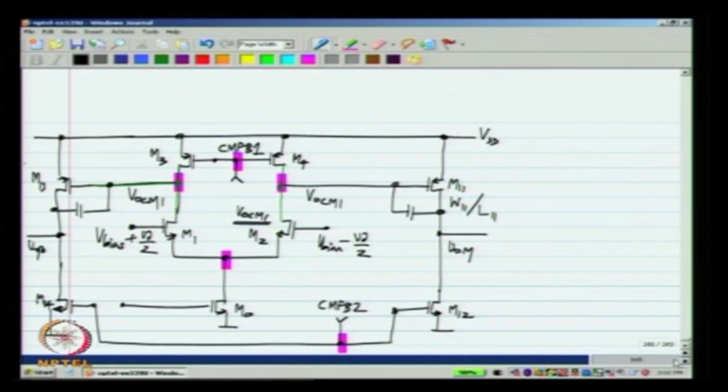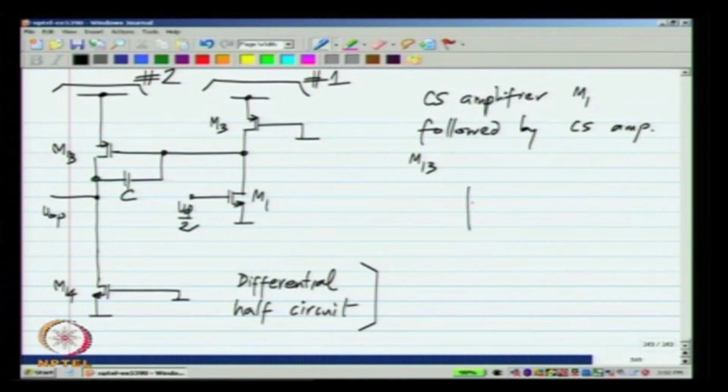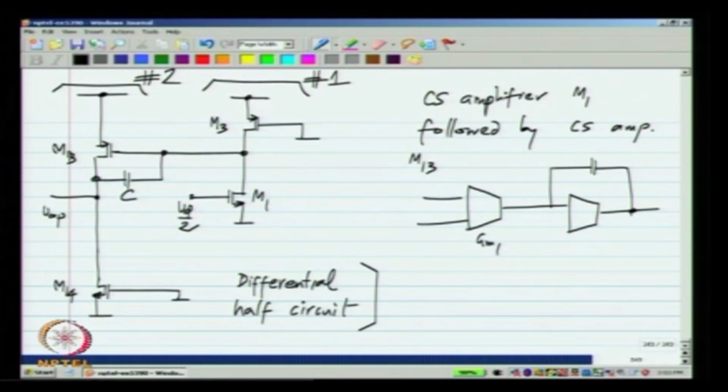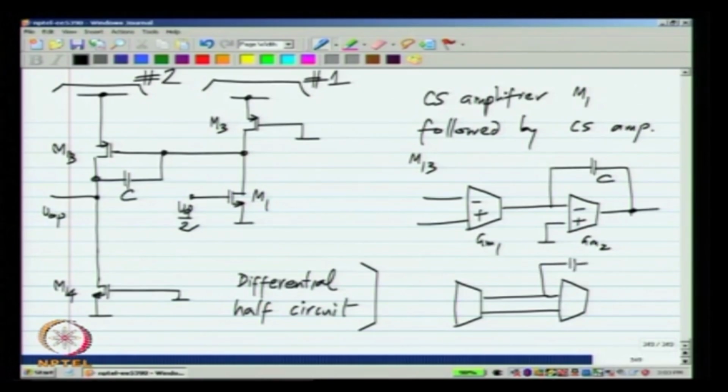Okay. Now, in terms of transconductors, the single ended two stage op amp looks like that. This is GM1 and that is GM2. Okay. Now, the fully differential one looks like that.